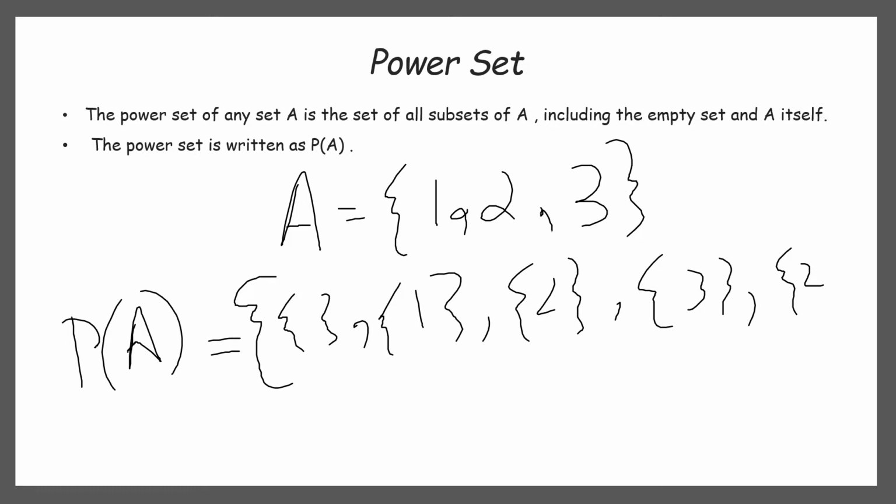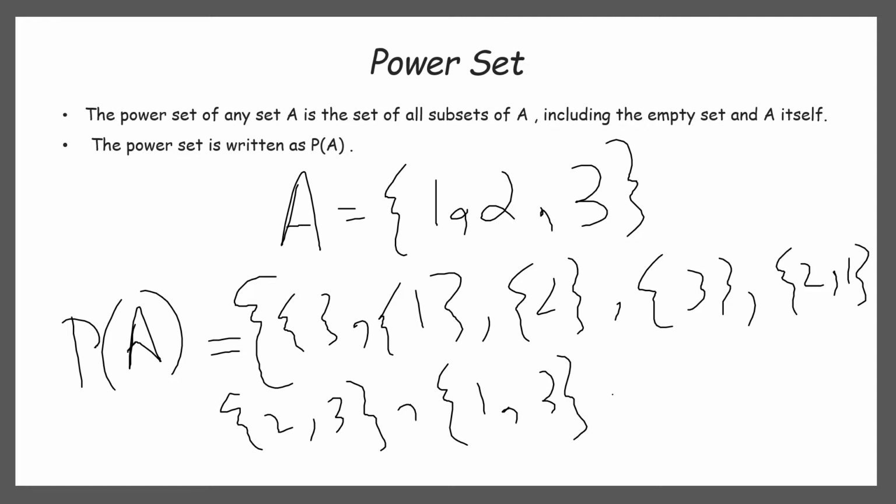then 1 and 2, 2 and 3, 1 and 3, all the possible combinations, and 1, 2 and 3, the set itself, and again a closing bracket.